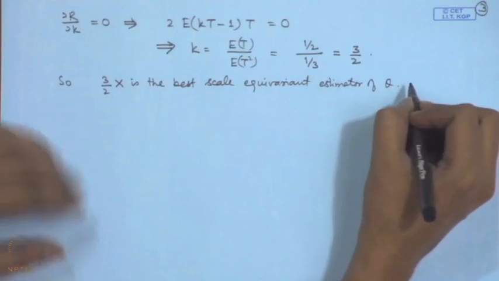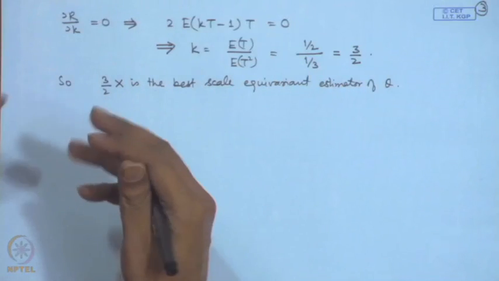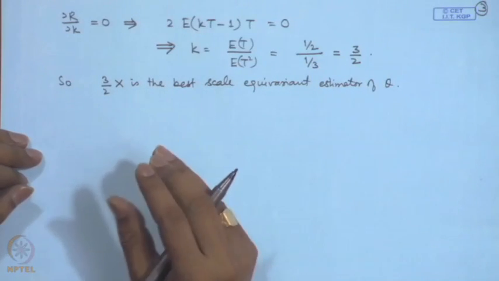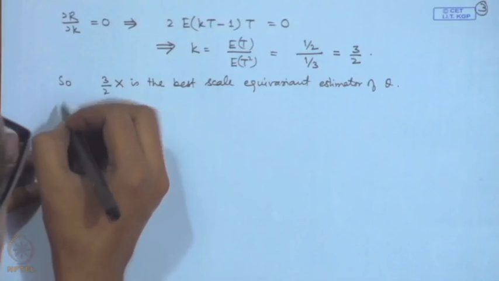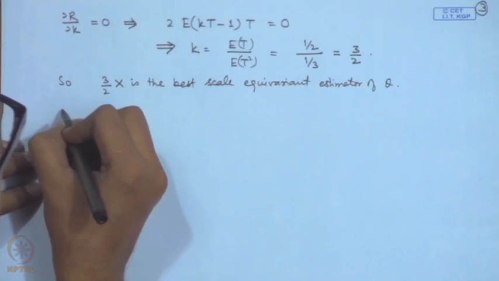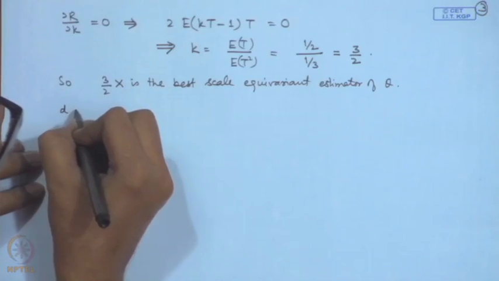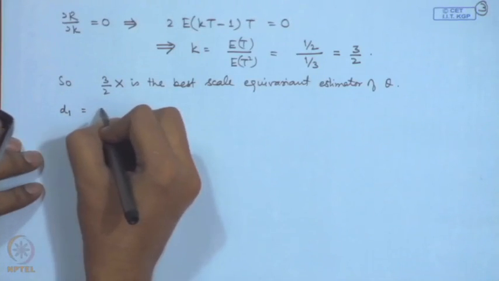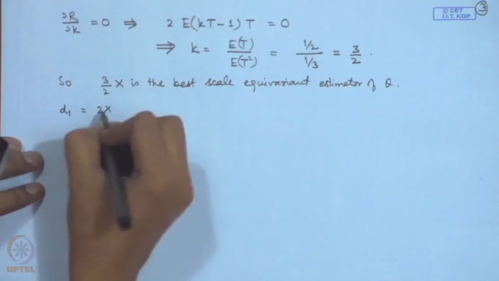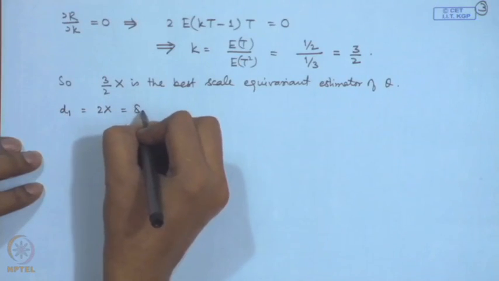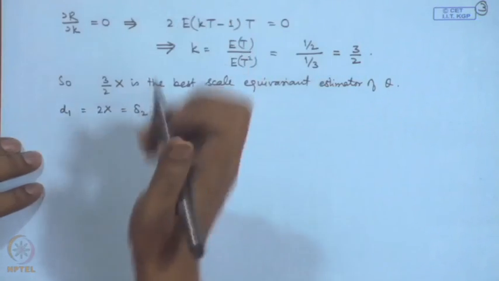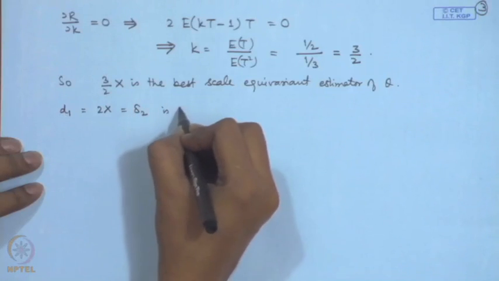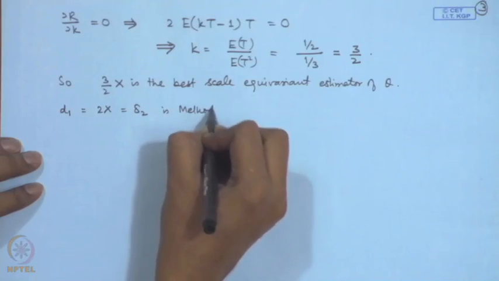Now, let us just have a comparison between various estimators for this problem. Let me give the notations here. Say d 1, that is 2 x, which is actually equal to delta 2 under this notation, because delta k is k x. So, this is the method of moments estimator here.